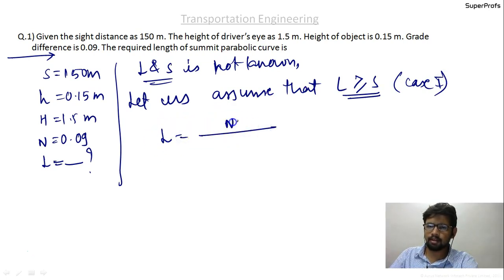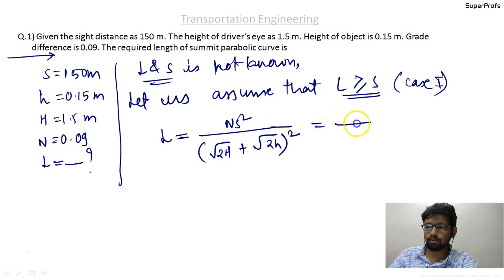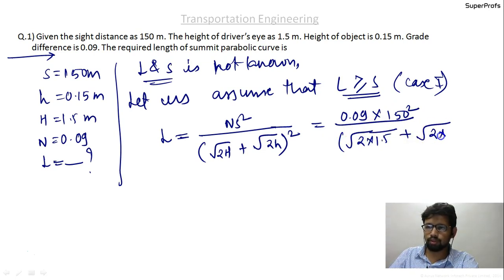The length of the curve in this case is given as n s squared upon (under root of 2H plus under root of 2h) whole squared, which is equal to 0.09 into 150 squared upon (under root of 2 into 1.5 plus root of 2 into 0.15) whole squared.